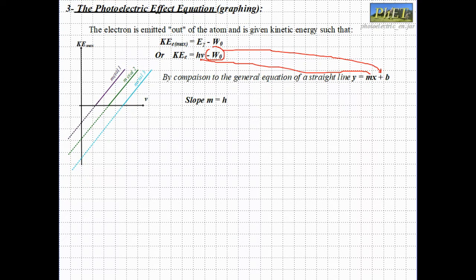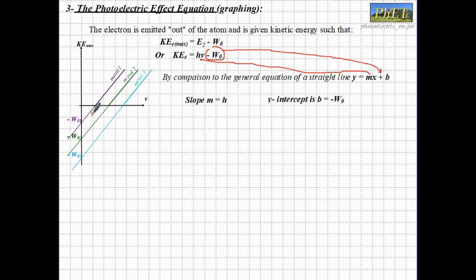So the slope m is the Planck constant h, and the y-intercept is minus W0. It is expected to notice that the three graphs are three parallel straight lines because they have the same slope. And the point of intersection with the y-axis corresponds to the negative of the work function of each metal.